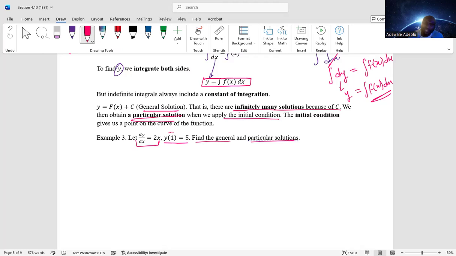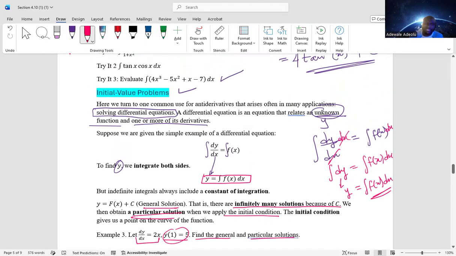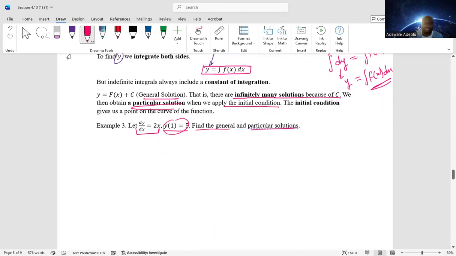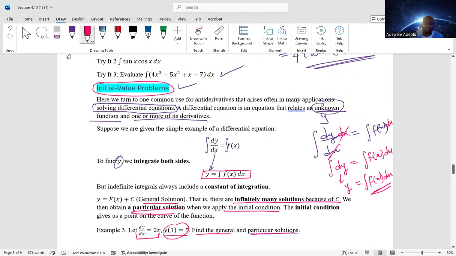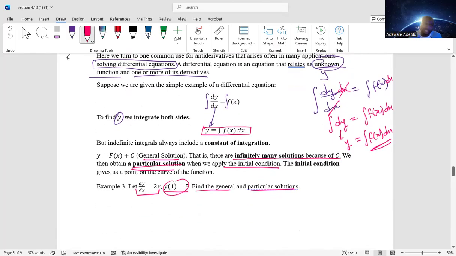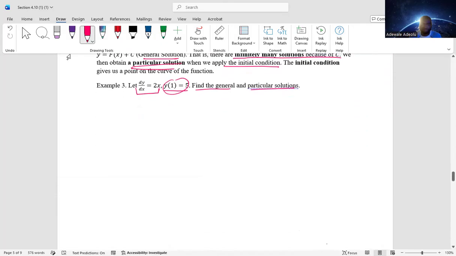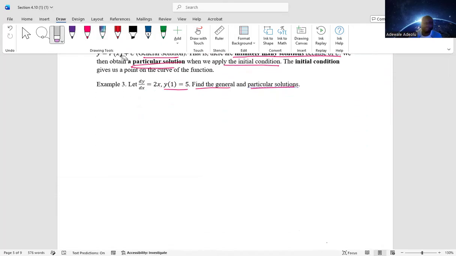So when we have an initial condition with it, then we say we have an initial value problem, which is also referred to as IVP. IVP, people call it. It is very popular. IVP, initial value problem.